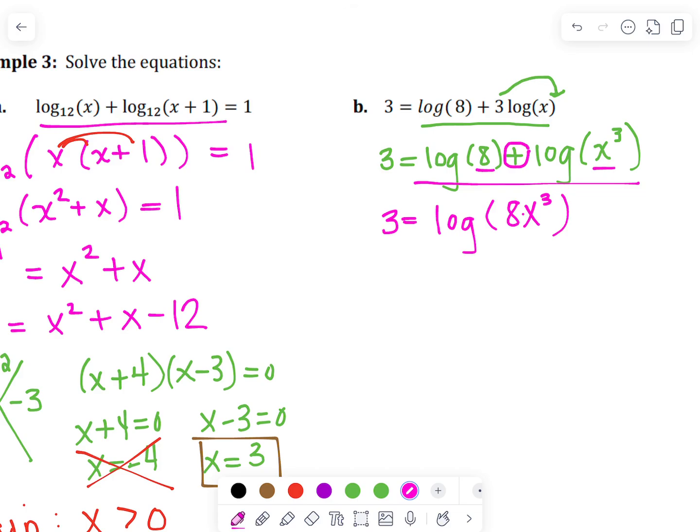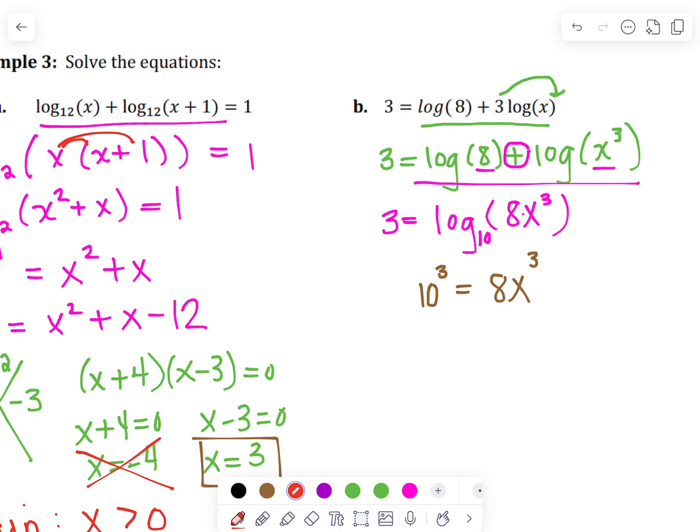Now notice the base is missing. That's that common log, so I'm just going to put the number 10 in there. And now we're going to change the logarithm to an exponential. So it's 10, the base, raised to the third power equals 8x cubed.